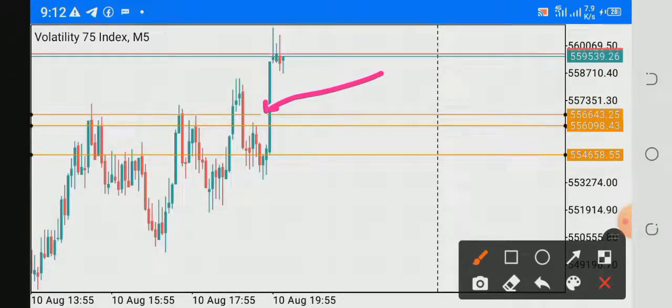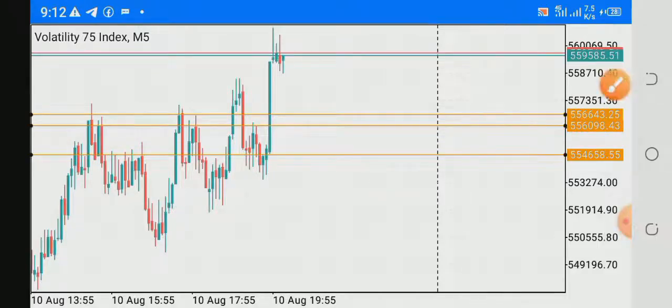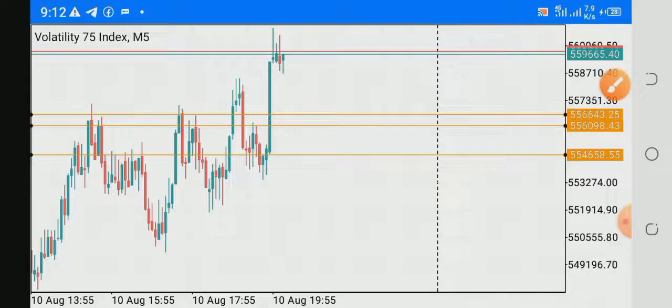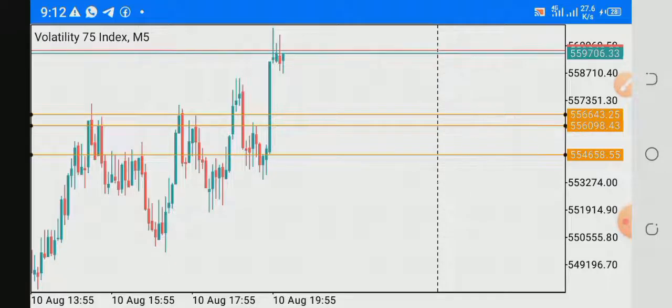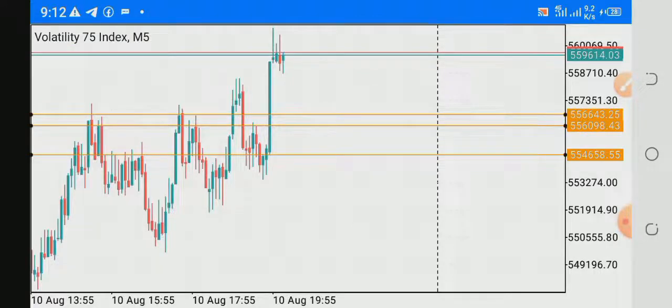First, you have to draw your support and resistance line. Second, you have to check before you enter any trade whether the support and resistance is going to hold. If it holds, you enter your buy or sell.